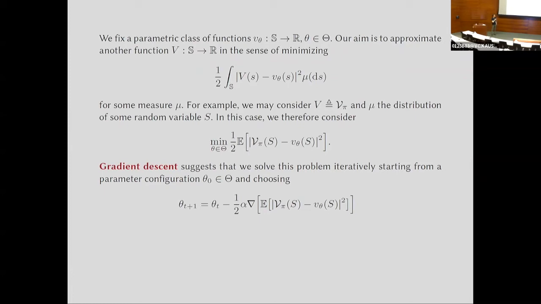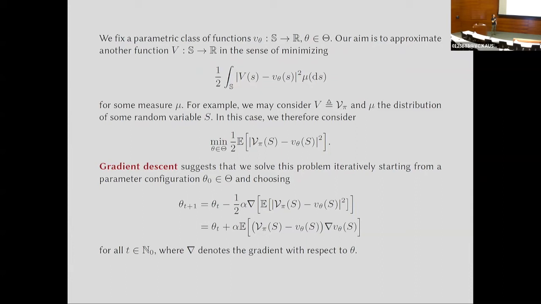That's gradient descent. So take the current value, the new value is the old value minus step size parameter alpha times the gradient of the loss. And this can be computed if we assume everything is nice enough that expectation and gradient interchange. You can pull it inside, and then this is what you get.